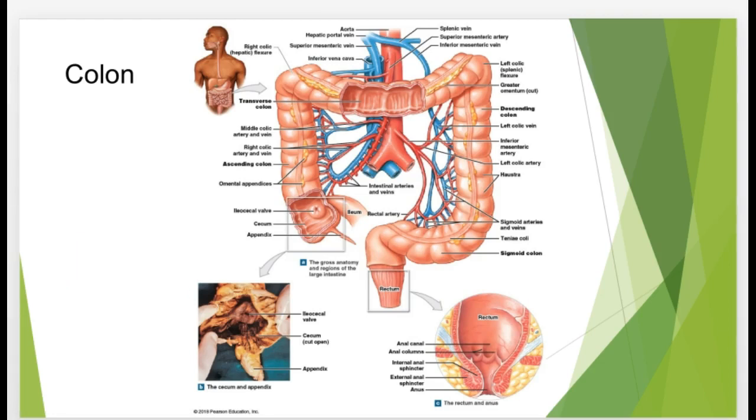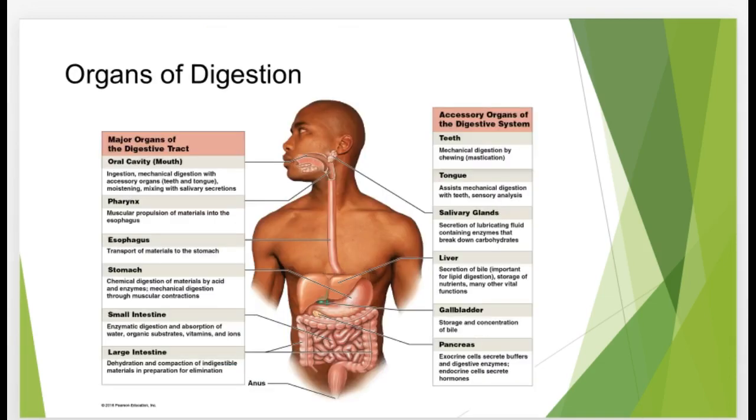Now, briefly, let me just sum this up by taking you through step by step all of the different passageways. I want you to know what everything goes through. All right, so we start in the mouth. From the mouth, we go into the pharynx. From the pharynx into the esophagus. The esophagus, we go through the cardioesophageal sphincter. From there into the stomach, out the pyloric sphincter, into the duodenum, the jejunum, the ileum.